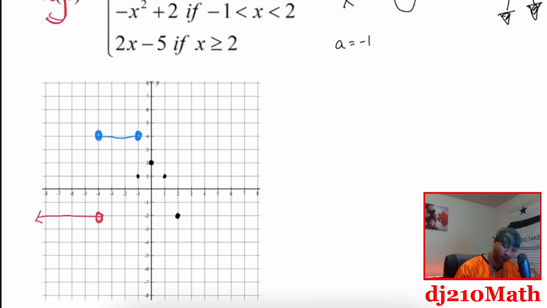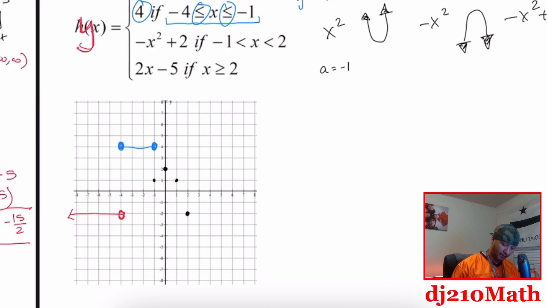Just rock with me. So this is going to be an open circle, right? Because we're looking at the conditions. So at x equals -1, it's an open circle. At x equals 2, it's also an open circle. And now we connect the dots with the parabola.